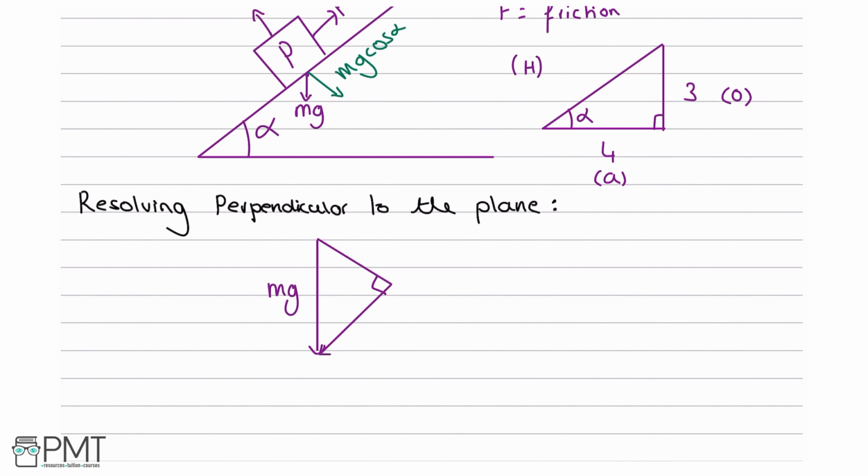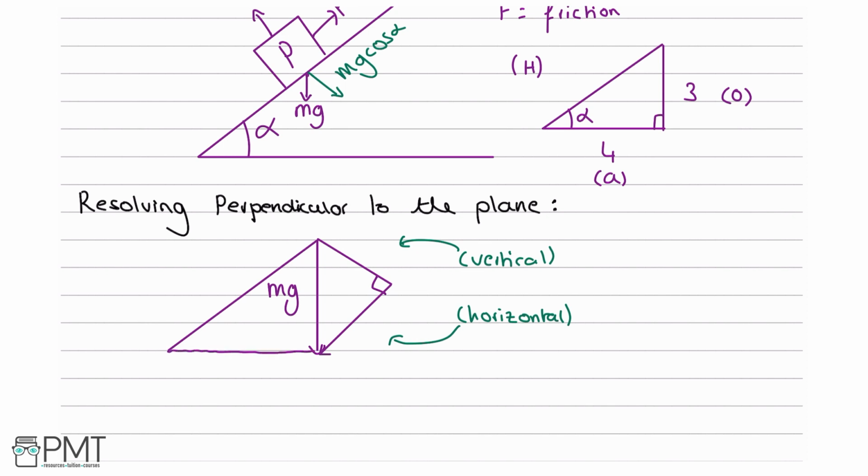Now we've got our vertical component. I'm going to label this one as the vertical and this one as the horizontal component. To get a perspective for where alpha should be, I'm going to extend this line here to mimic this part here, and then draw the base, because we need our angle.